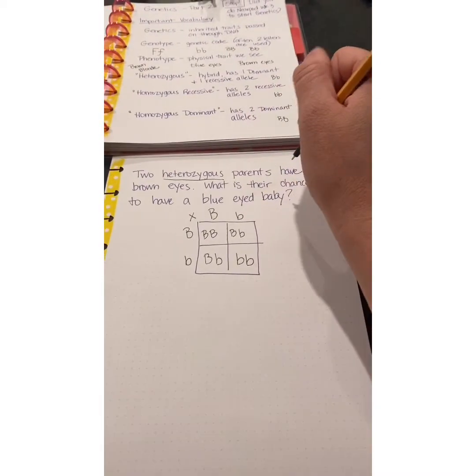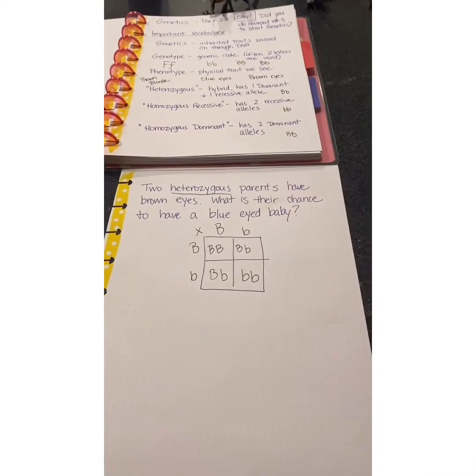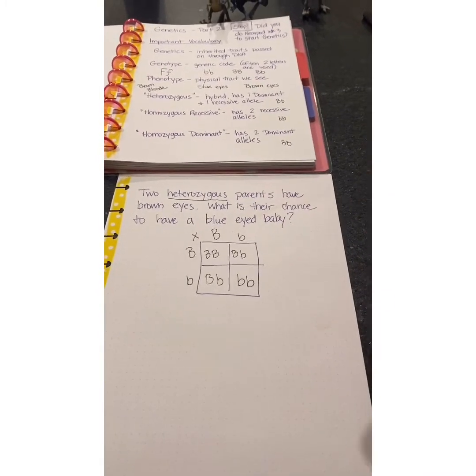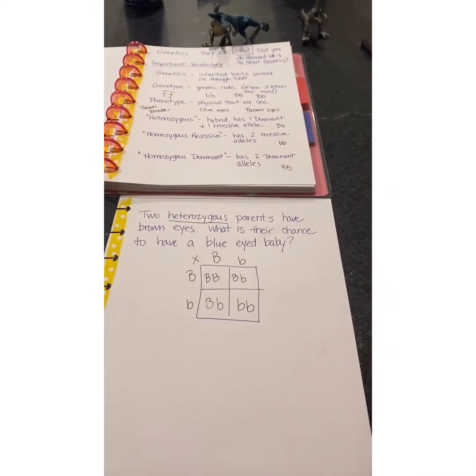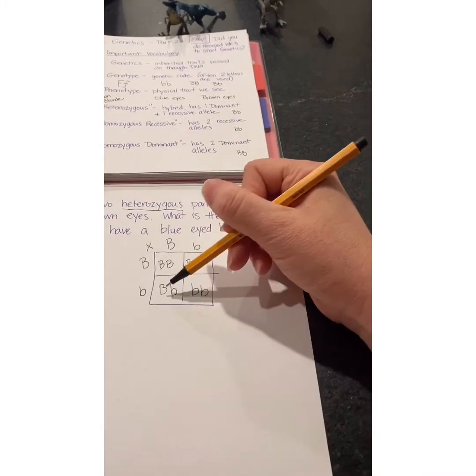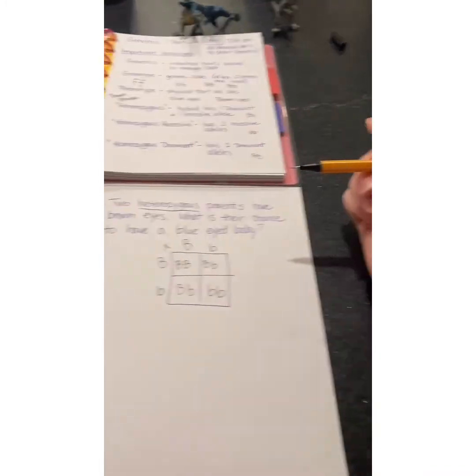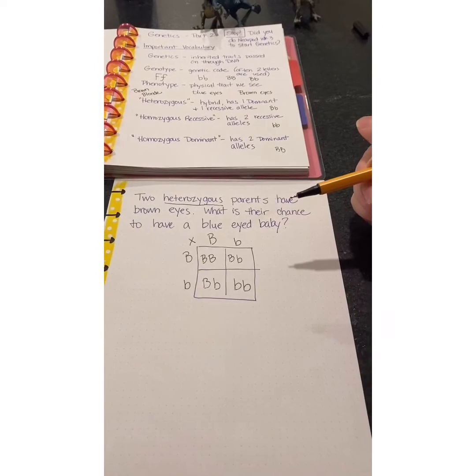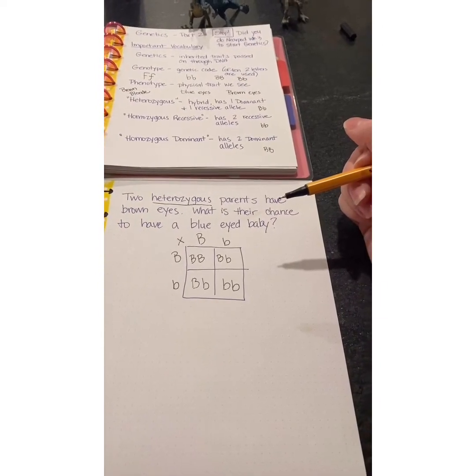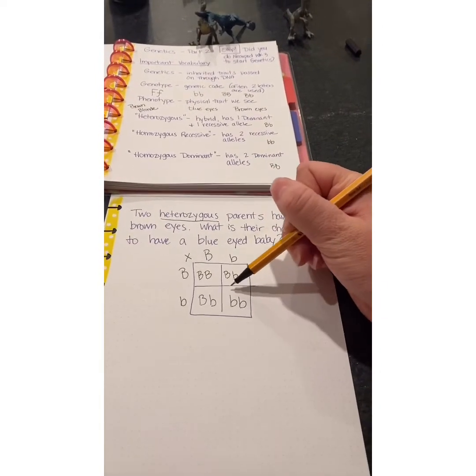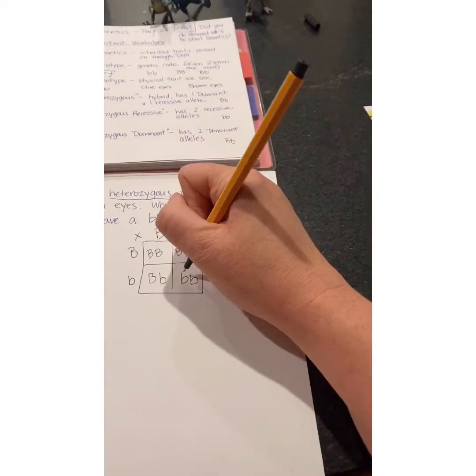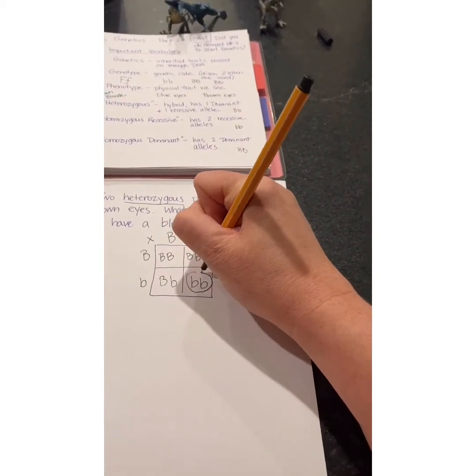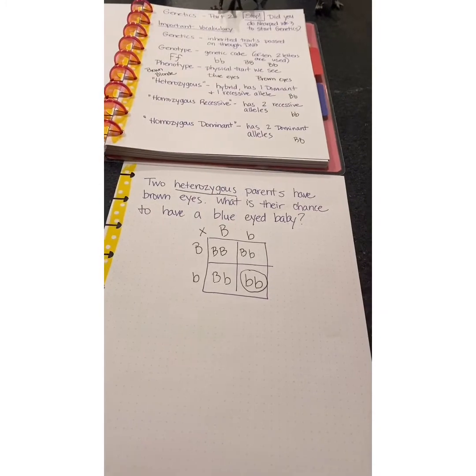So going back, I'm going to leave a little pause here. What are the odds, we would say? Out of 4 instances, what are the odds that this parent would have a blue-eyed baby? Right here, this box represents a 1 in 4 chance of this parent set having a blue-eyed baby.